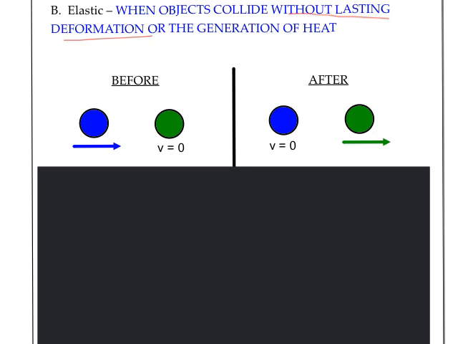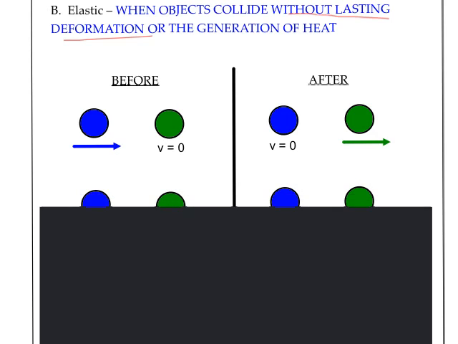Now my first object that was moving, after it hits its second object and collides, is going to be still. And my green object that was initially at rest is now going to take on the same velocity that the first one had initially. So if two objects have the same mass and one of them is at rest and the other one comes and hits it, you can think of them as simply transferring their velocities from one to the other.